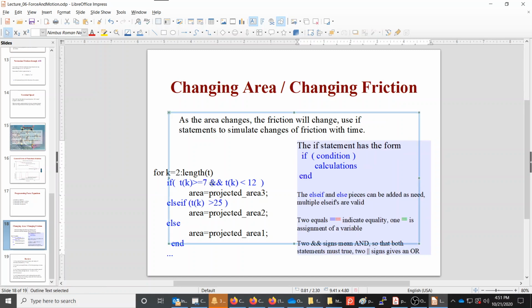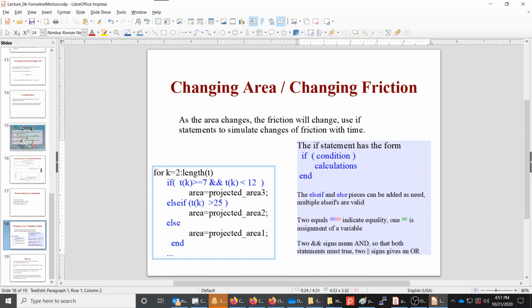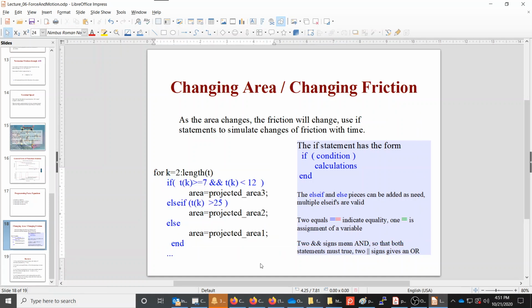Likewise, if you look over here in this code, the two ampersands is an and. So that means that time must be greater than 7 and time must be less than 12. Both of these have to be true. It's an and, so the first one has to be true and the second one has to be true for the if statement altogether to be true.